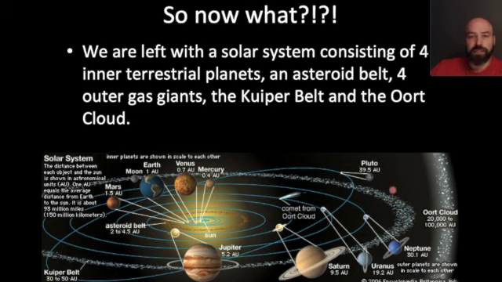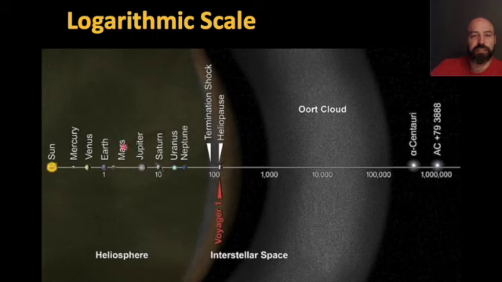It takes up a large area, and Pluto goes through that area. And then we have the Oort cloud, which is really the outer edge of our solar system. Here you can see those things. This is a logarithmic scale, which basically means that the same distance is a factor of 10. So it's just a way of kind of scrunching everything.